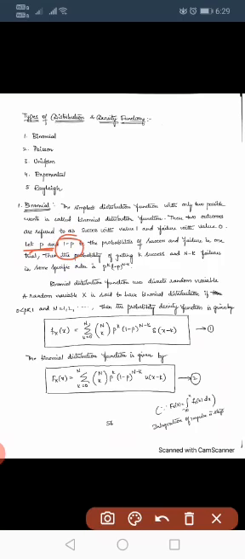So by considering these two, the binomial density function is given by this expression, fx of x equal to summation k equal to 0 to n, nk p power k, 1 minus p whole power n minus k, delta of x minus k.